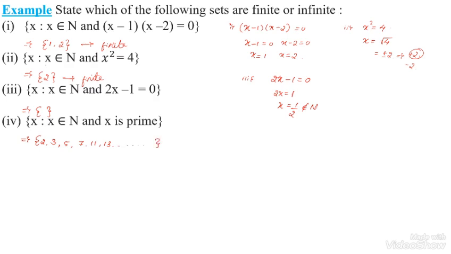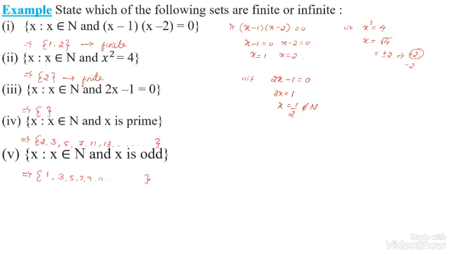These are the prime natural numbers. Now, let us move on to the next one. {x such that x belongs to N and x is an odd number}. So we can collect the odd natural numbers, that is 1, 3, 5, 7, 9, 11, and so on.